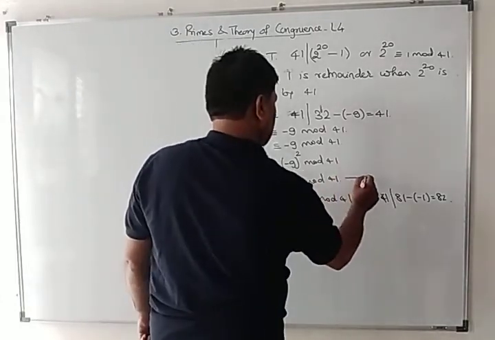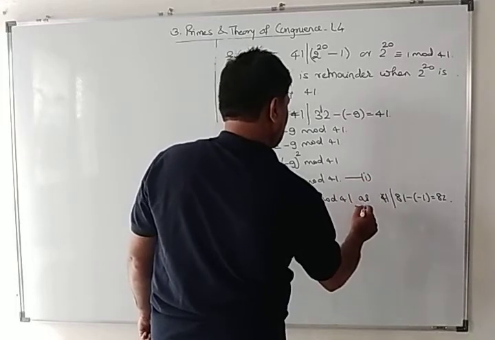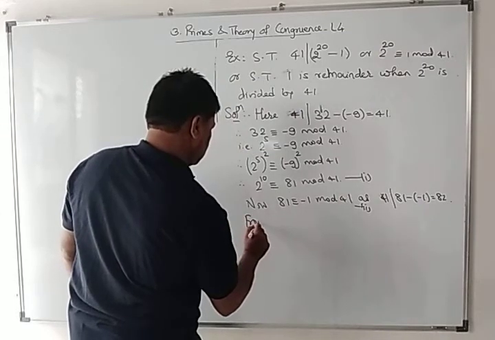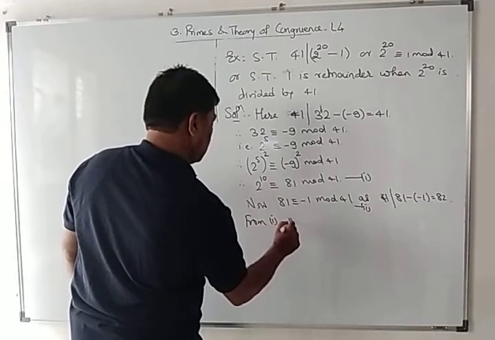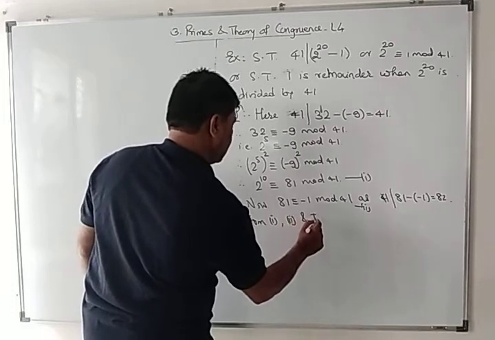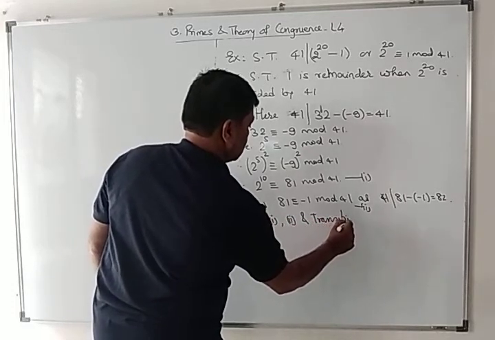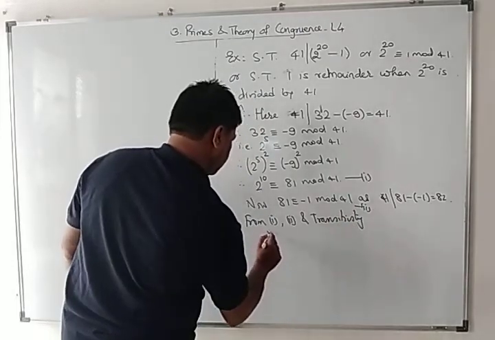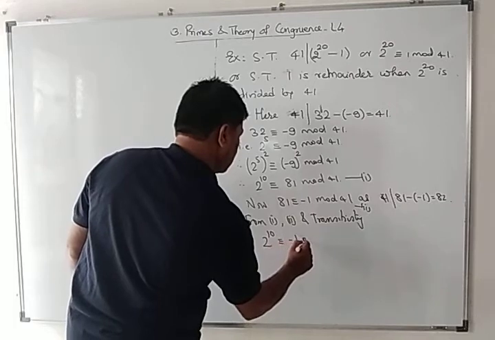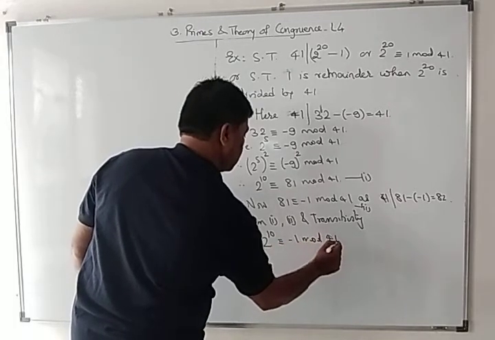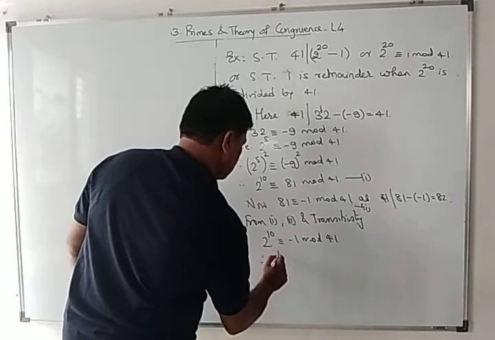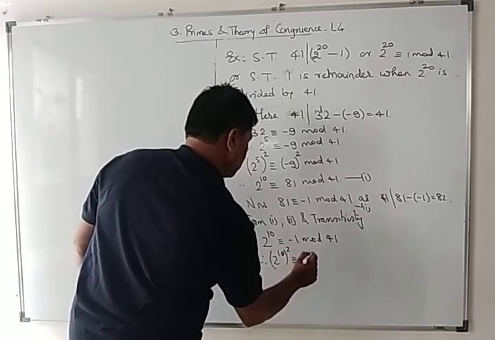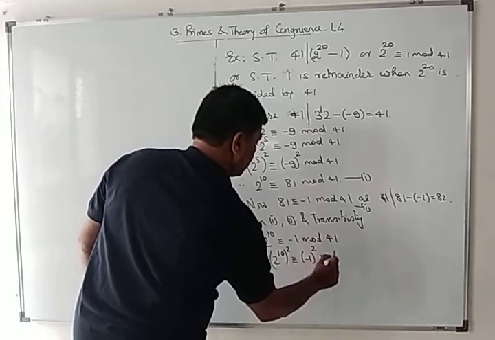So this is 1, this is 2, and from 1, 2 and transitivity, 2 raised to 10 is congruent to minus 1 mod 41. Therefore 2 raised to 10 squared is congruent to minus 1 squared modulo 41.